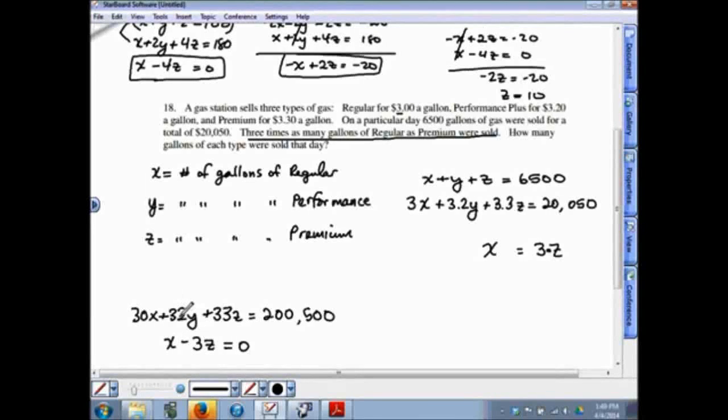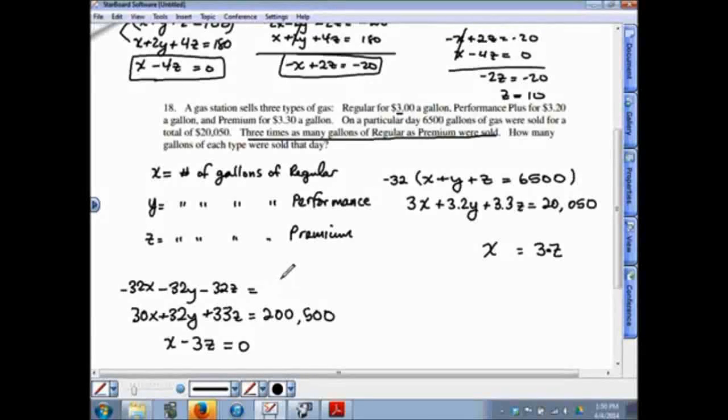Now if you notice, there's a 32 coefficient in front of the y now in this middle equation. So if we were to take this top equation and multiply it by negative 32, that would allow us to eliminate y. So I'm going to multiply the top equation by negative 32. So it becomes negative 32x minus 32y minus 32z.